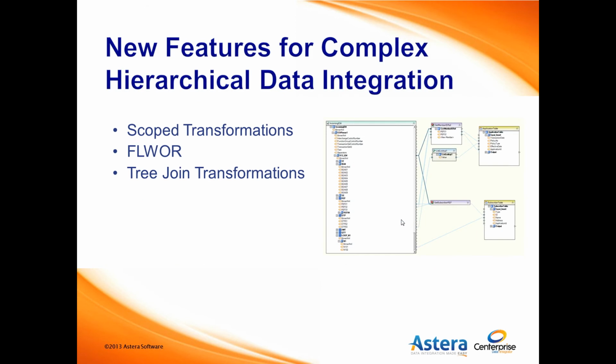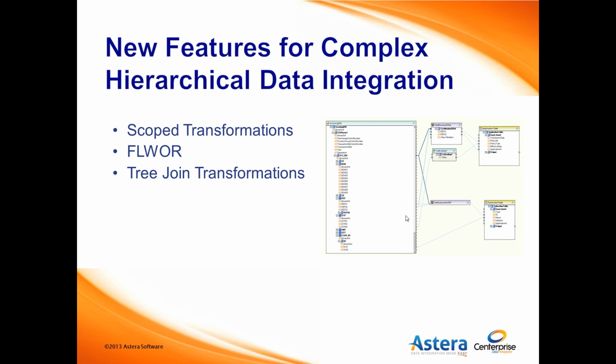Okay, with that said, let's get started and look at the very first section in our demonstration, and that is the area of complex hierarchical data integration. Astera focuses on what we believe will be the most in demand, considering the explosion of data mapping of these particular types of data sets.